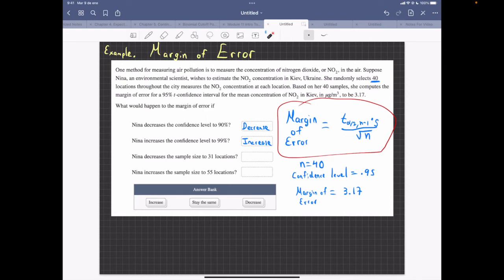So that means that this is going to increase. And this one, if Nina increases the sample size, this is going to decrease. And there you have it. Essentially, here is only what would happen if we play a little with the margin of error and some of the components of that formula.